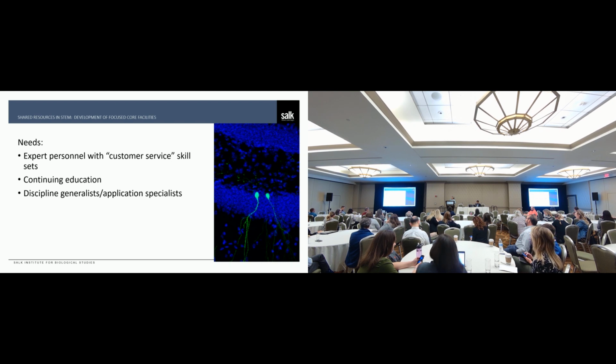I think the development of specifically focused core facilities has been because we needed expert personnel with very specific customer service skills. Not every scientist has great customer service skills or great personnel interaction skills, and so core facilities, I think, provide this. But within the cores, we also need continuing education, right, for individuals to maintain their expertise in a particular area. And we also have to recognize that individuals that work in cores have to be disciplined generalists.